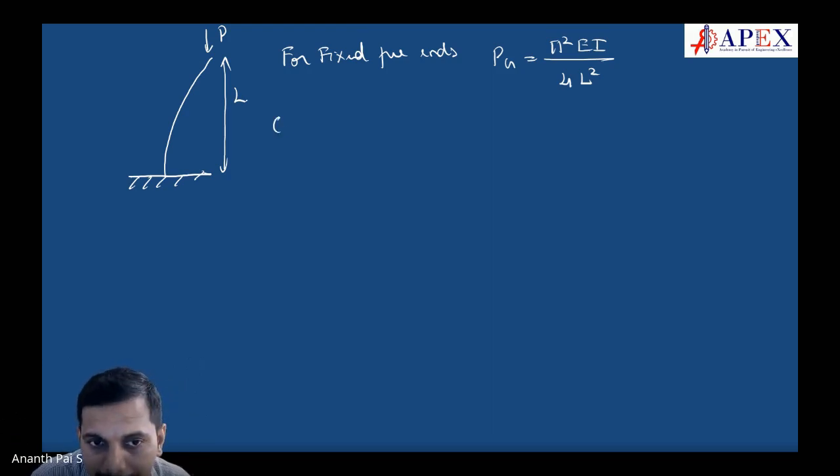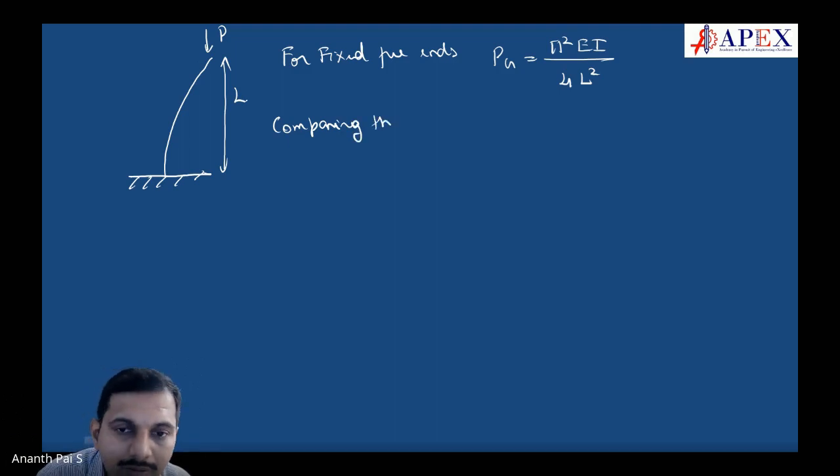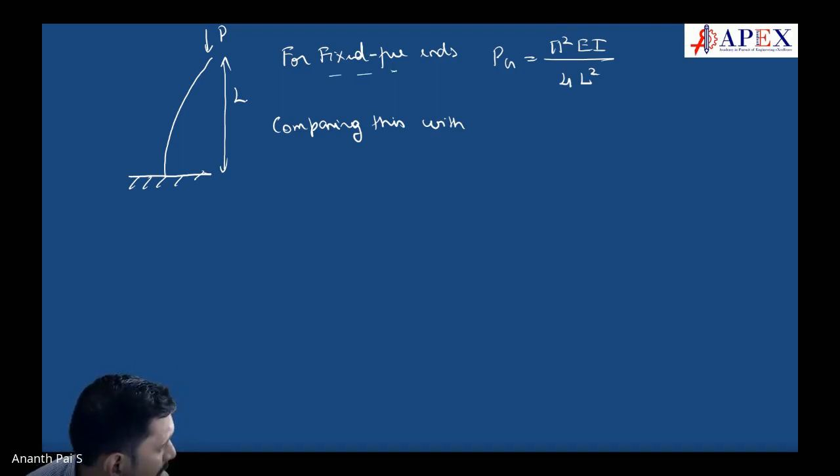Now comparing this, 4L square for fixed free ends. When it was derived, I said I skipped the derivation, not required. When we derived that, I got P critical is equal to pi square EI by 4L square.